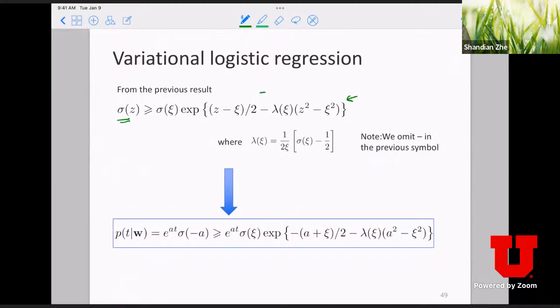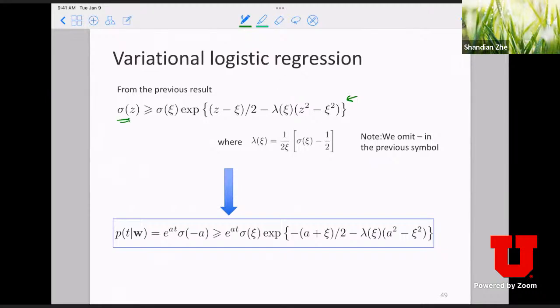Previously we wrote it as lambda c, and lambda c is negative. So here, just for convenience, we put the minus sign here, and in the lambda we get rid of this front minus sign. This is just for notation convenience.